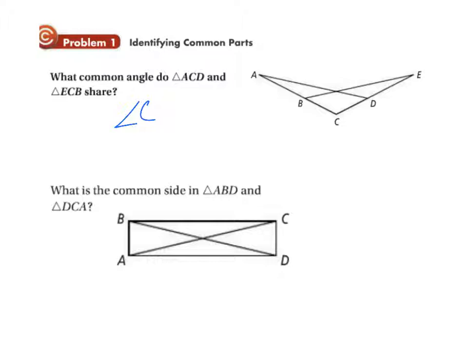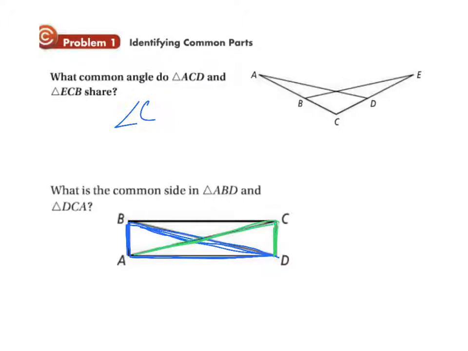This is a little bit trickier because there are a lot of different triangles in this picture. So let's make sure we're dealing with the right thing. I'm going to go ahead and do a little highlighting here. We're talking about triangle ABD. So we're talking about this ABD. So we're looking at this blue triangle, and we're comparing it to then triangle DCA, this one here.